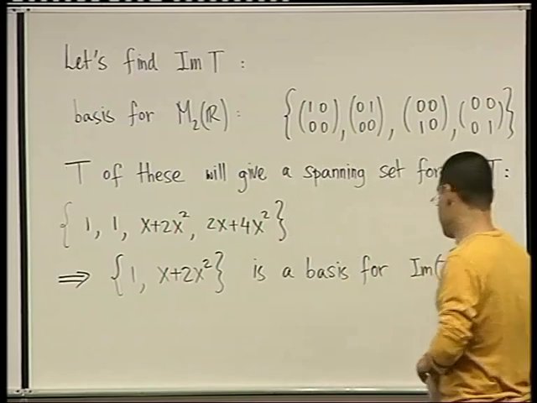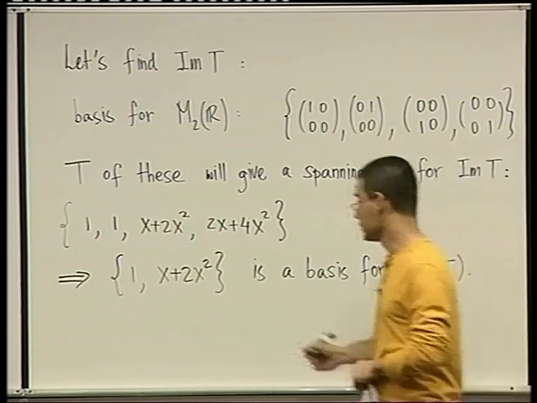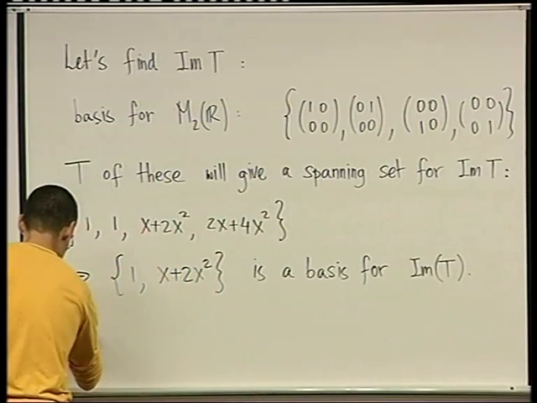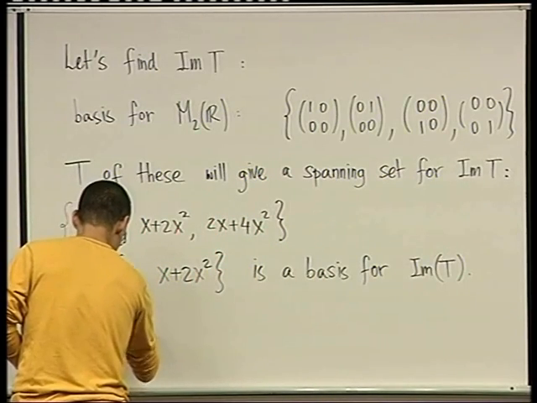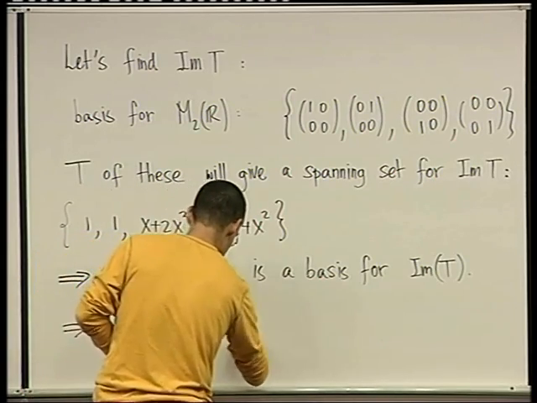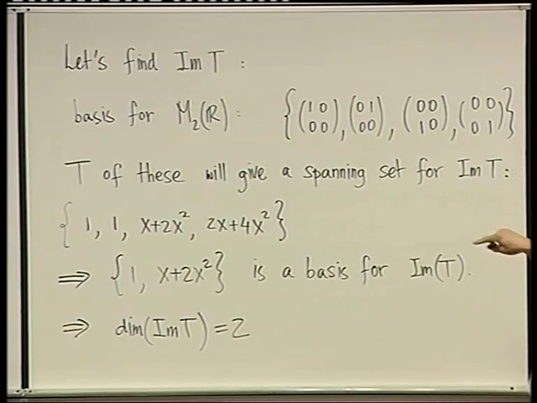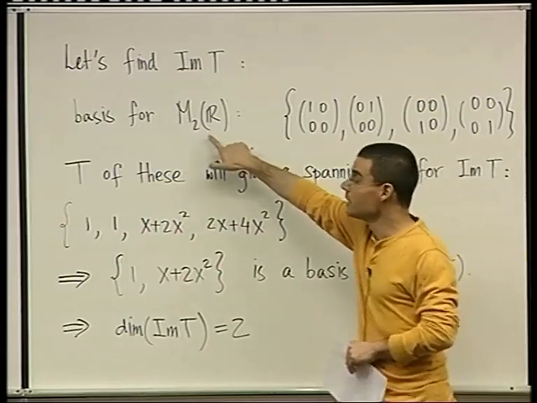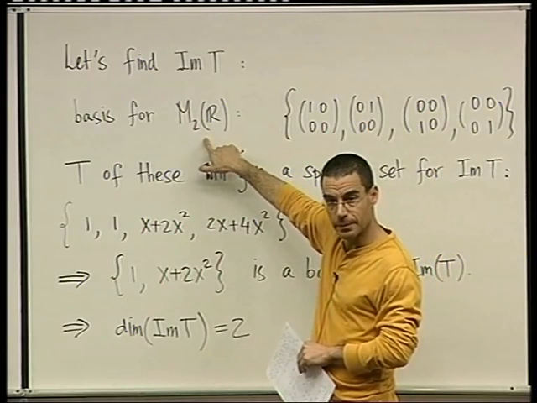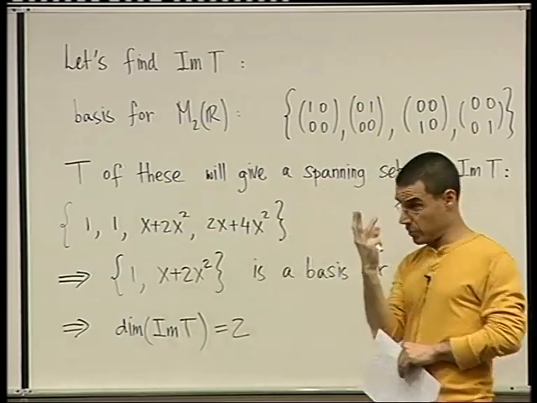What is the dimension of the image? 2. The dimension of the image is 2. The dimension of the kernel was 2. They sum up to 4, which is the dimension of the domain space. The dimension of the range space, by the way, is 3 in this case.